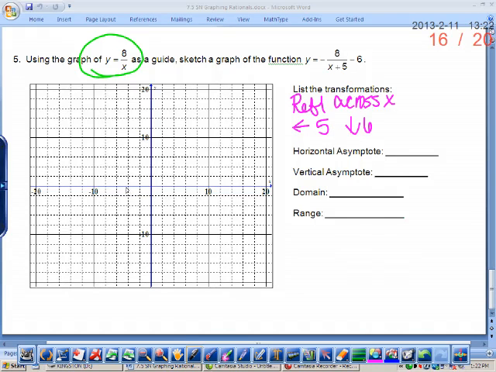So does the reflection change my asymptotes? No, just the left 5. So we have x equals -5 for my vertical asymptote, and y equals -6 for my horizontal asymptote.